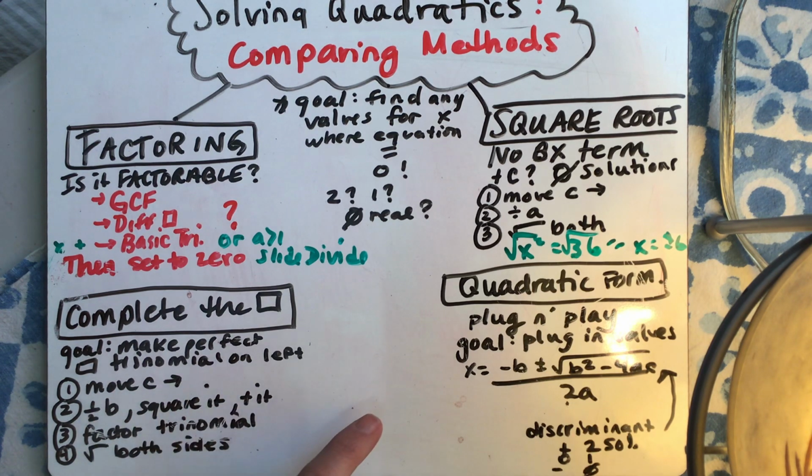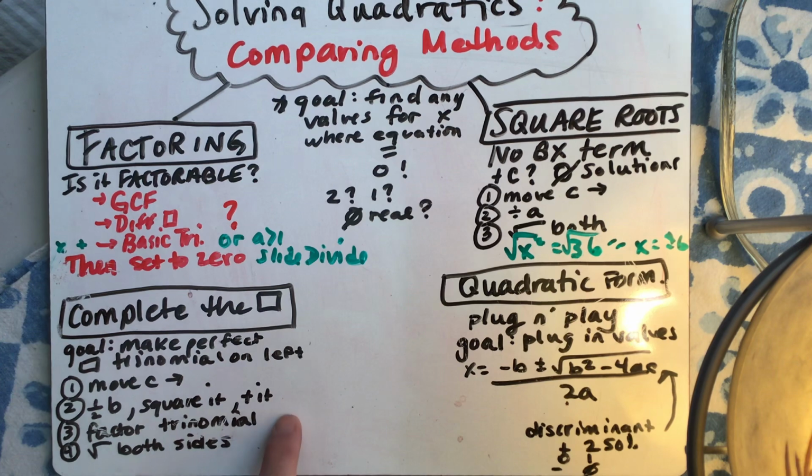You're going to move the c to the side. That's when you take half of that b term, you square it, you add it to both sides because you're trying to create a perfect square trinomial. And then you're going to factor it and then take the square root of both sides. So that's a lot of work, but you have to decide when to do this or not.